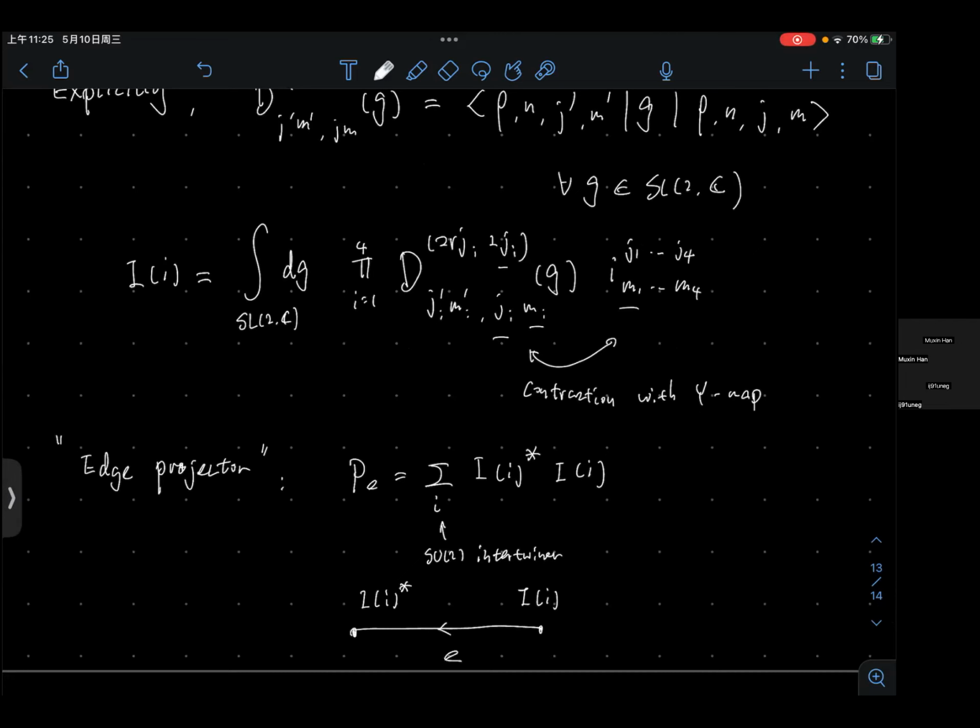So this is edge E. The reason why I put a quotation mark is that this expression I wrote here is not precisely a projection operator, up to a certain issue of normalization. But people working on the EPRL model always use this. For the detailed discussion, you can look at the KKL paper.